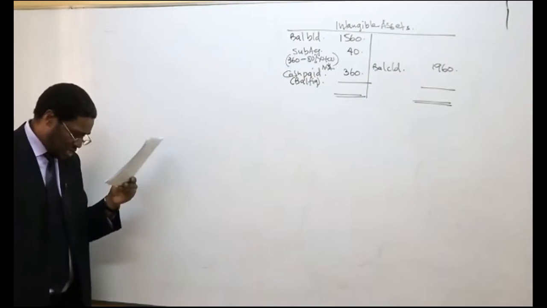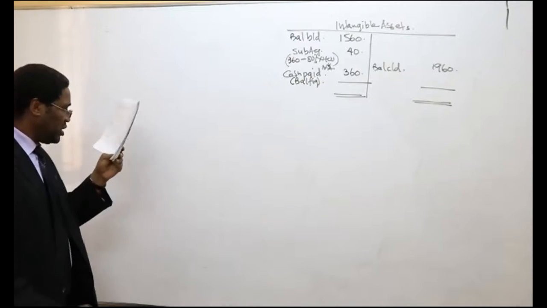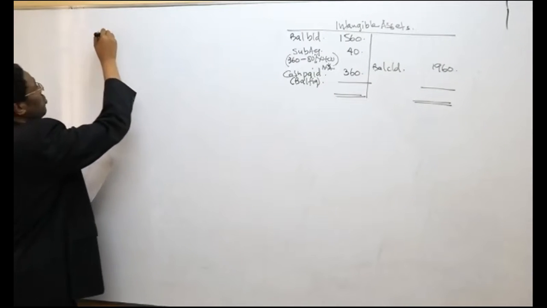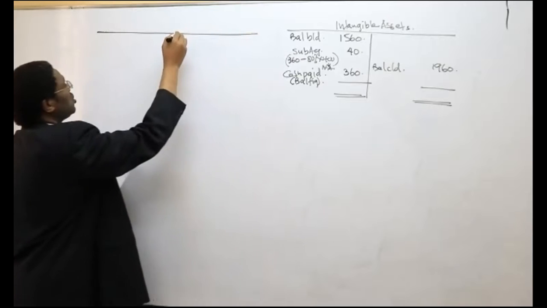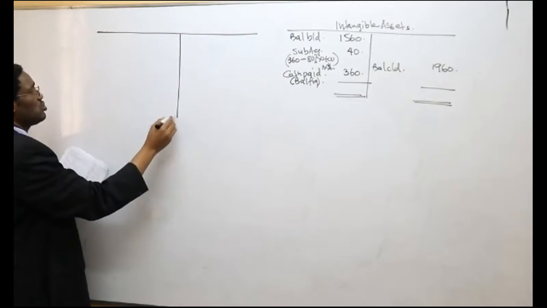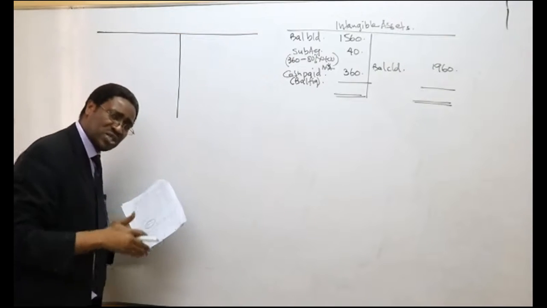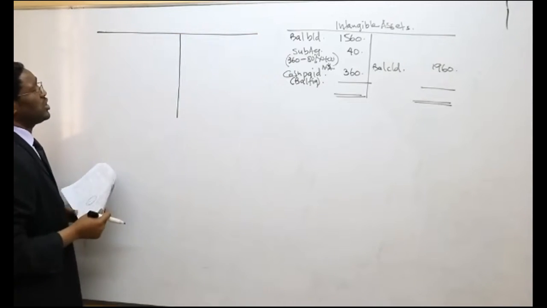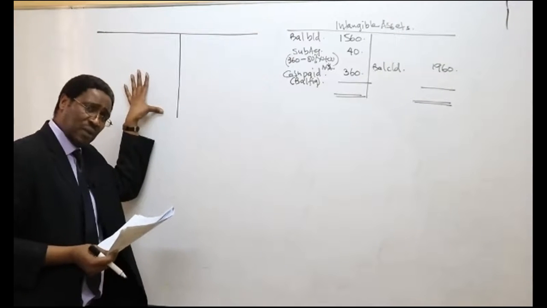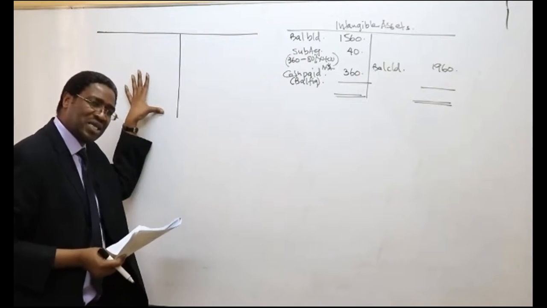And the next item, according to the balance sheet, is ordinary share capital. So we need to know whether we issued more shares or we never issued more shares this year. I do hope you still remember, every time you had to analyze the account of share capital, you are not analyzing it alone.